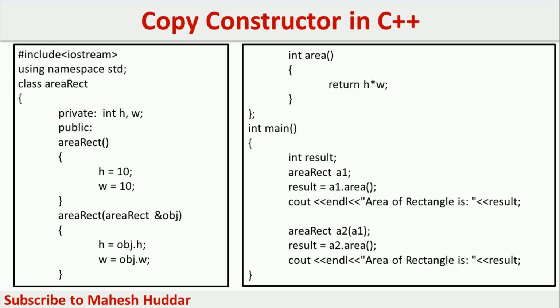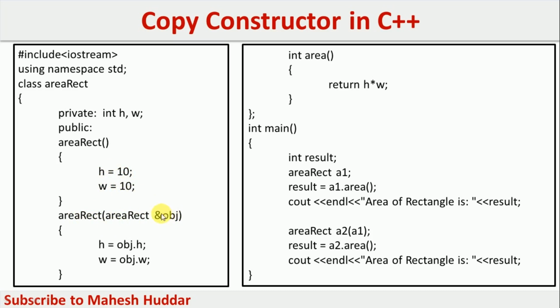Now we will take one very simple example to understand the copy constructor. What we did in this case is the same example we have taken till here. We have created two data members H and W. This is the default constructor, but in the default constructor we have set the values of H and W to 10, 10 in this case. Now we have created one copy constructor here. What this copy constructor does is accept one object of the same class. So here area rect is the class name and this is the object.